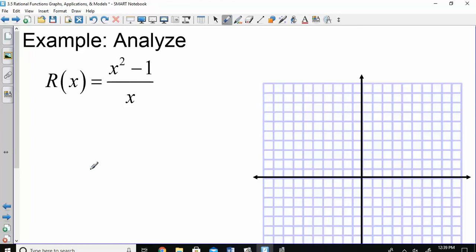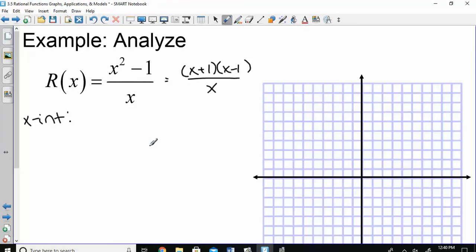Let's go ahead and look at this one. So first step, factor. What can we do to factor this? Difference of squares, x plus 1, x minus 1 on top. Okay, intercepts.